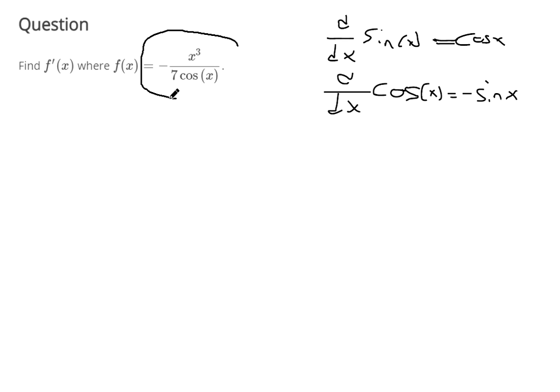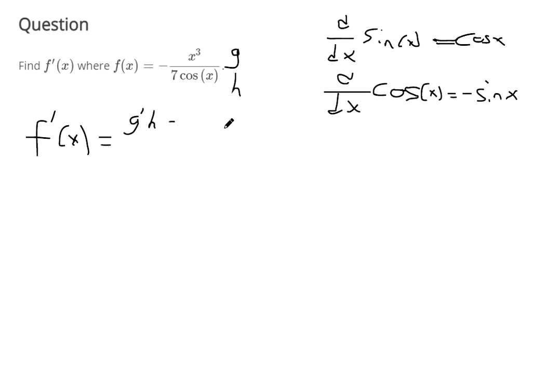And this is two functions that are being divided, so that means we can use the quotient rule. So let's call the top one g, call the bottom one h. The quotient rule says that the derivative is going to be g prime times h minus g times h prime, all over h squared.